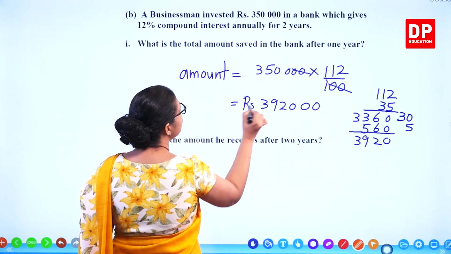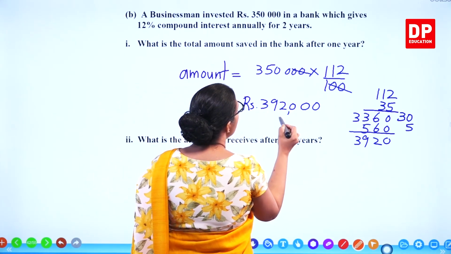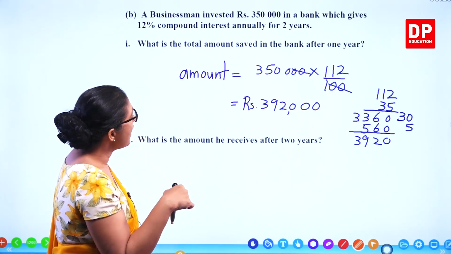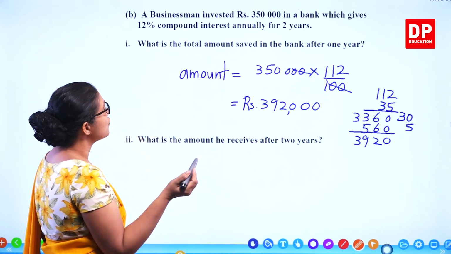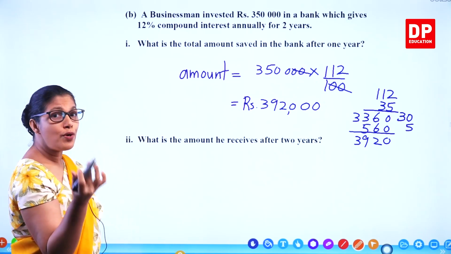That's the amount you get when you deposit 350,000 in a bank. You get 392,000 after 1 year. What is the amount he receives after 2 years?